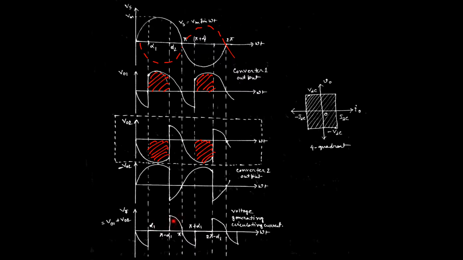Similarly, this peak can be erased as they are the same for both converters. Again, the peaks are cancelled by each other as the areas of the peaks are the same but opposite in nature. So in this way, we can form this one, right?